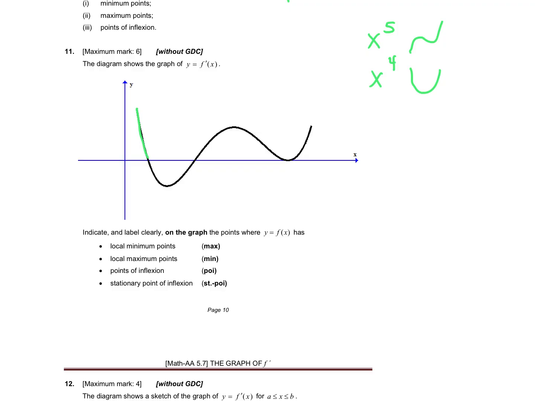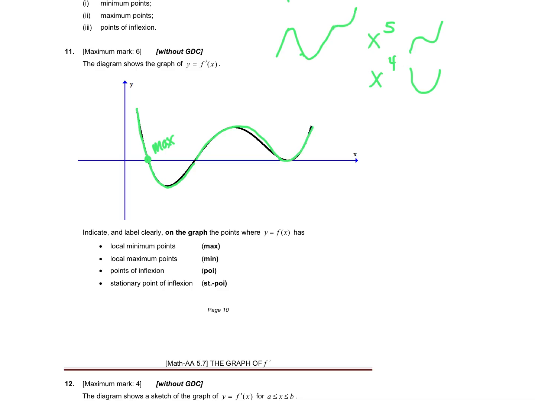So positive gradient to negative gradient. So this is a maximum. And then we have negative gradient to positive gradient. And then it's something like this, okay?